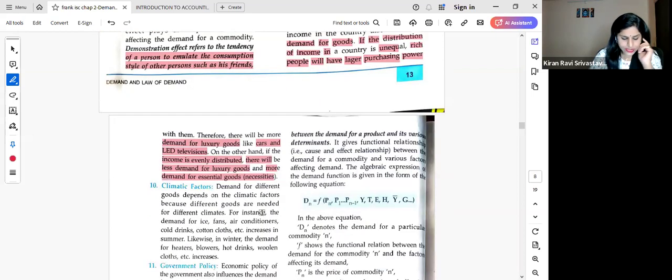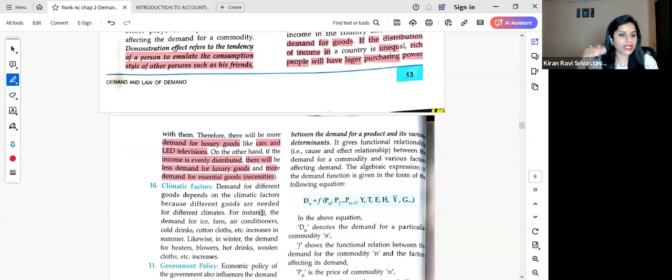Then the next one is climatic factors. I think I have given you an example of a climatic factor. If you understand the Indian geographical pattern, in the very north of India, Kashmir and hill stations, throughout the year it is cold.